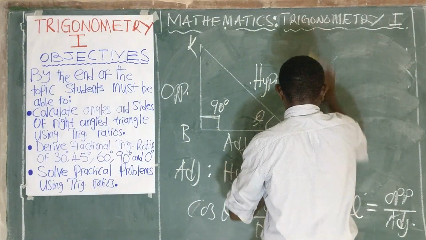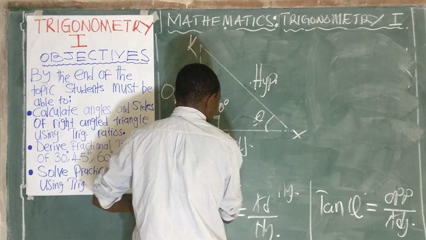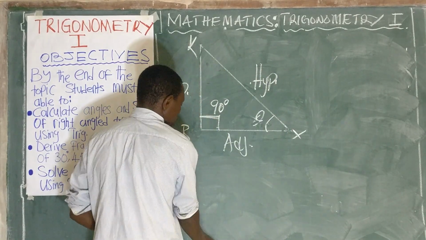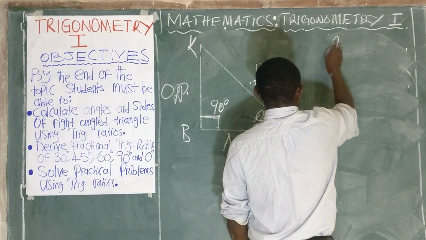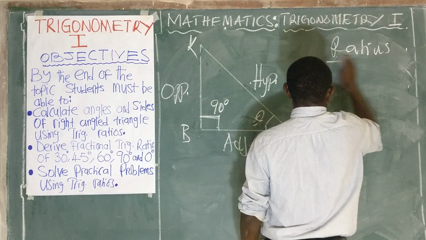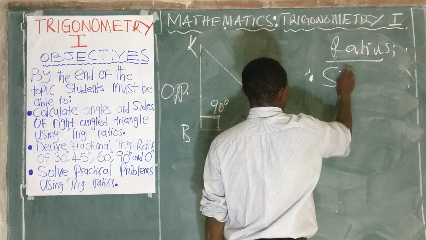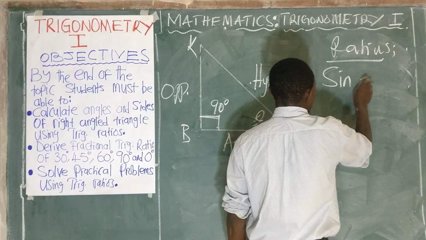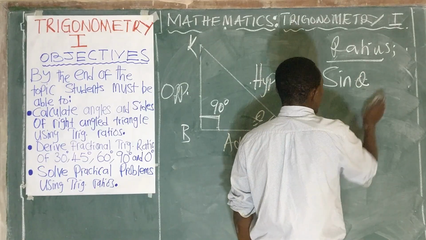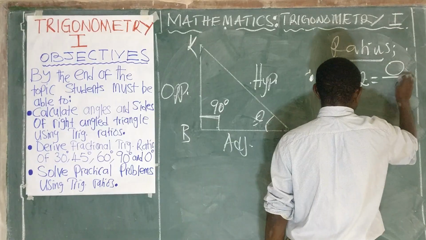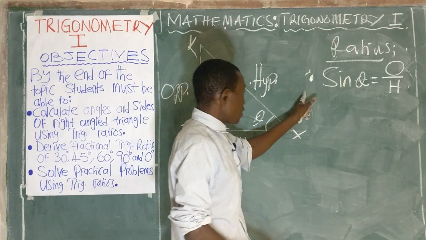Look at what we have discussed in the right-angled triangle. We have talked of the ratios. We talk of the sine of an angle, say angle theta. This comes when we divide the opposite over the hypotenuse, the first ratio.